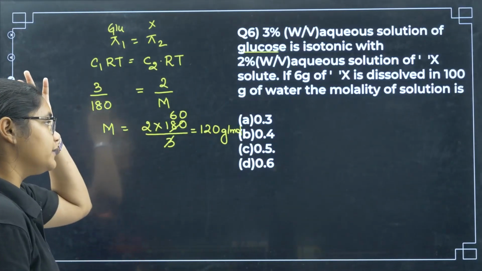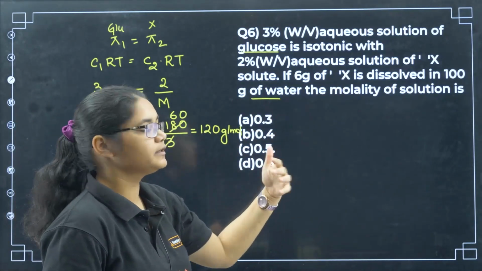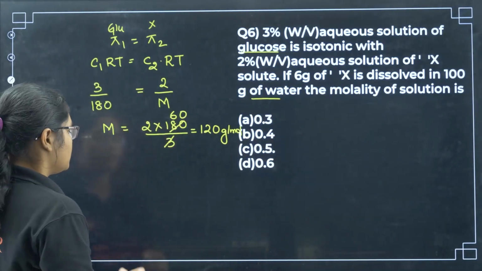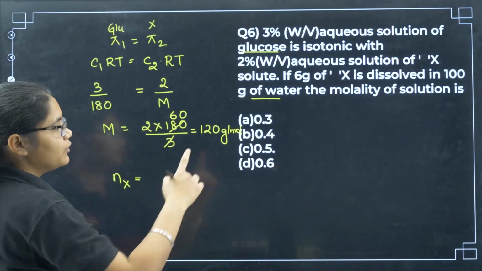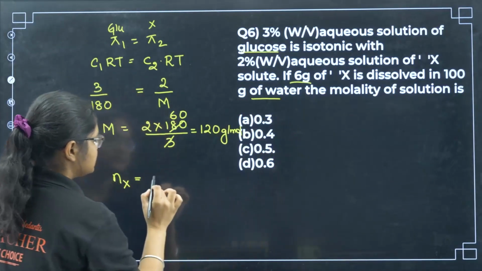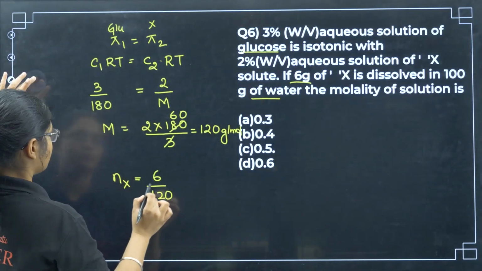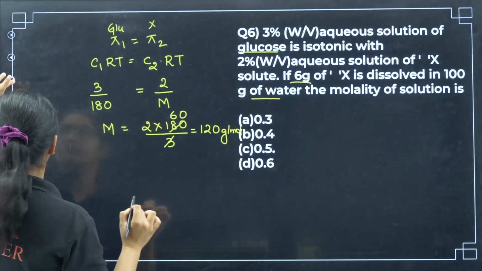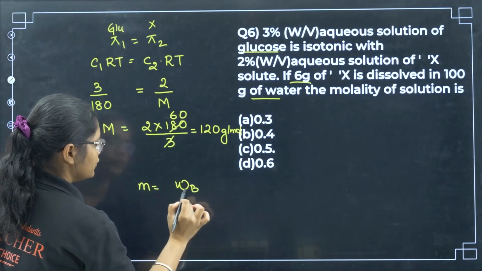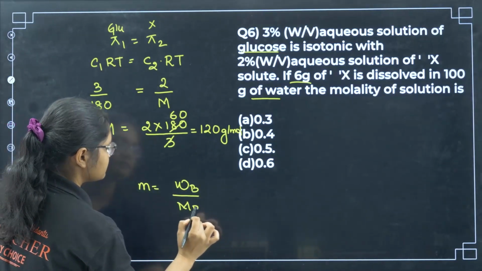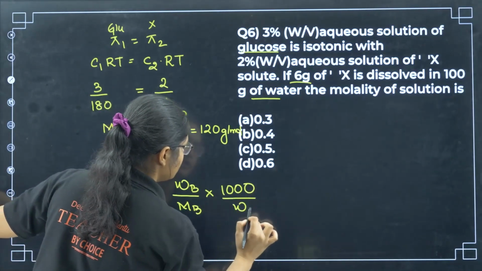Now what you have to calculate is, if 6 gram of X is dissolved in 100 gram of water, the molality of the solution. So I can calculate the number of moles of X as given mass by molar mass. Let me directly put the formula of molality. We can do it in one step. Molality is equal to what? Given mass of the solute by molar mass of the solute into 1000 by mass of the solvent.